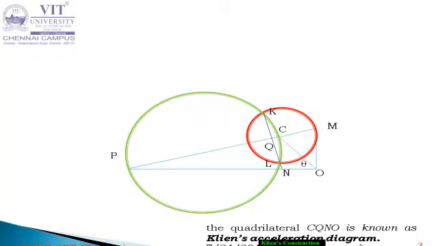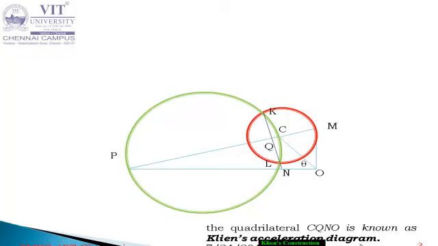So you have N and you have C, you have to join these two. Okay, you have another line here. CQNO gives the acceleration polygon.